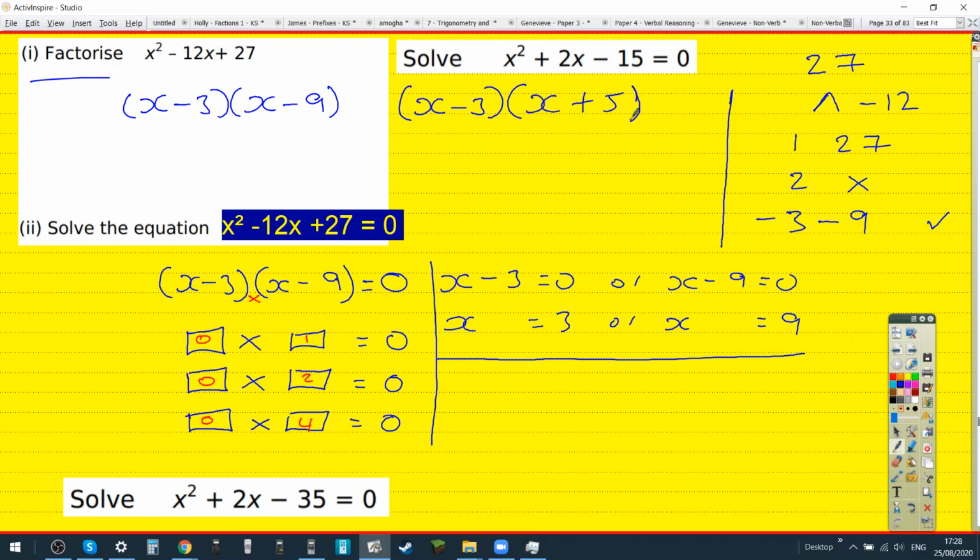Well done. And so that's equal to 0. And solve. Then x will have to be 3, or?